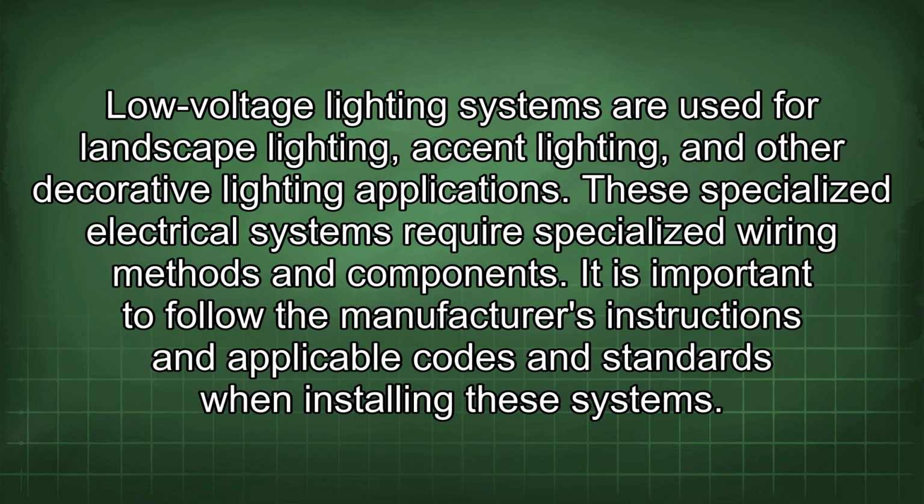Low-voltage lighting systems are used for landscape lighting, accent lighting, and other decorative lighting applications. These specialized electrical systems require specialized wiring methods and components. It is important to follow the manufacturer's instructions and applicable codes and standards when installing these systems.